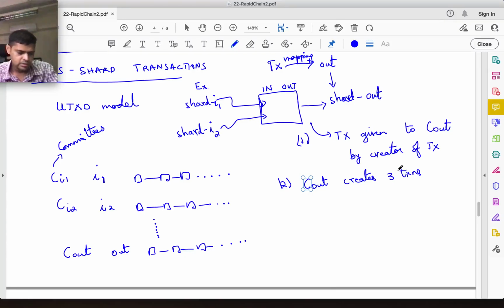Okay, so first of all, let's say that these are inputs I1 and this is input I2, right? So it's going to first of all create one transaction which would be put in this shard.